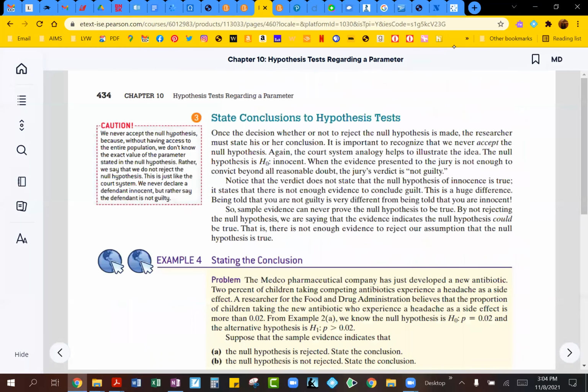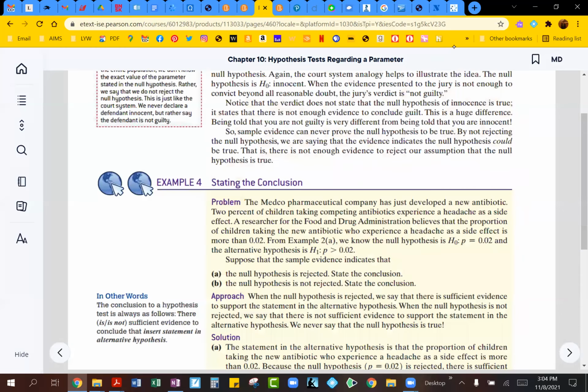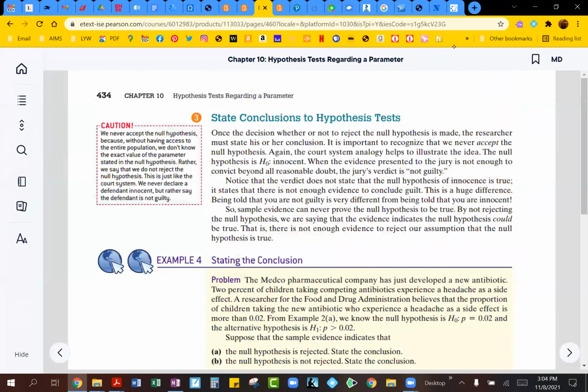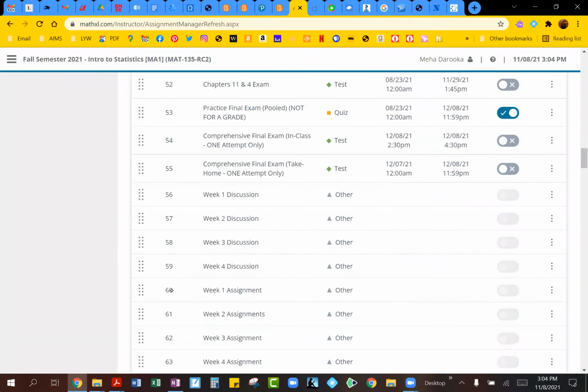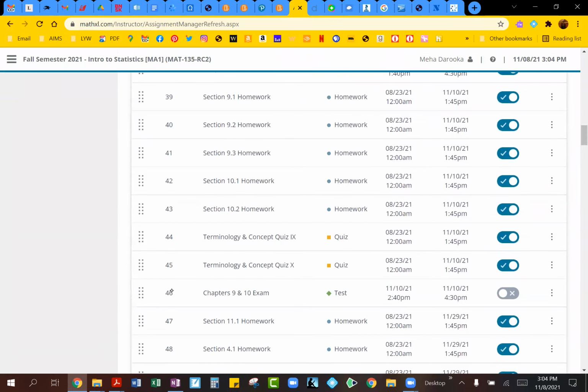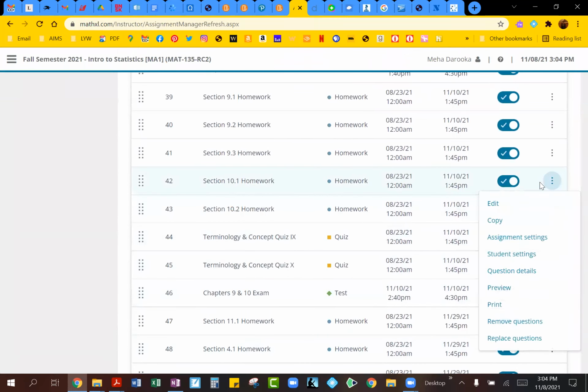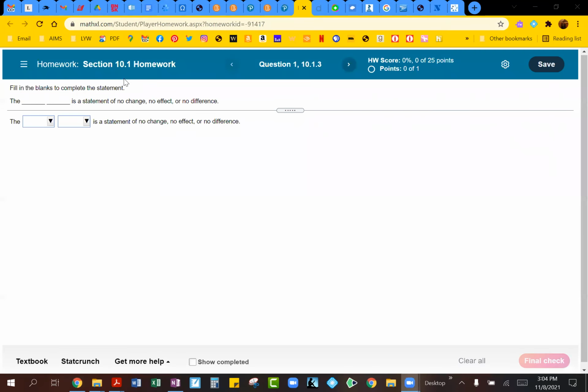So let's pick an example from our 10.1 section, just to give us a little bit of an idea of which type of alternative hypothesis statements we need to make, and the different types of errors we can encounter.